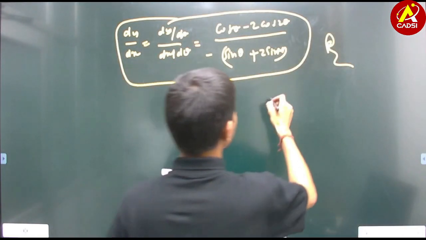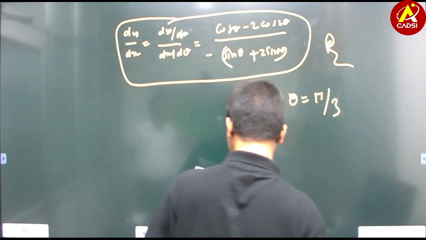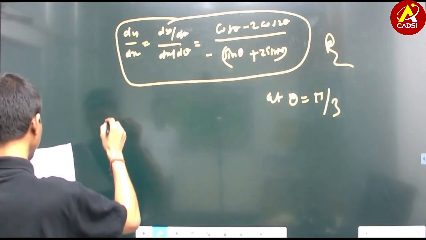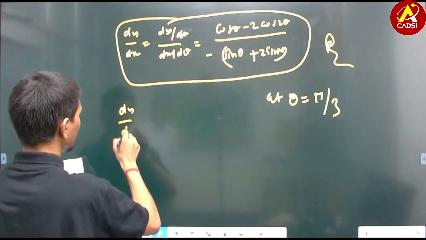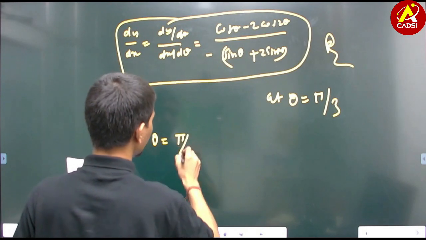Now at theta equals pi by 3, we have to find the value of dy over dx at theta equals pi by 3.